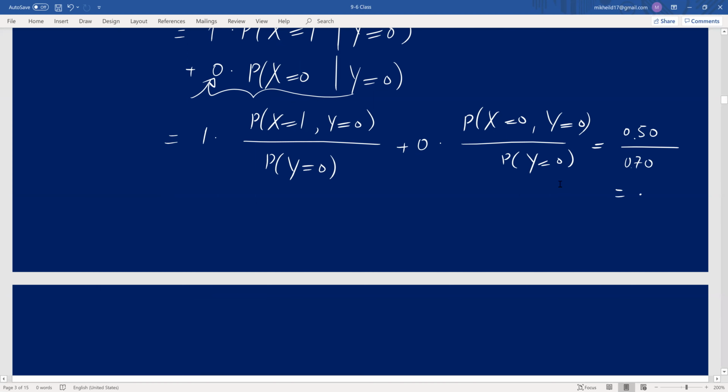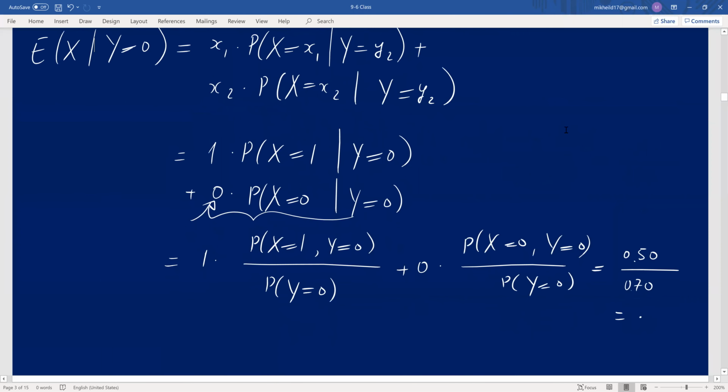So guys, as you clearly see, if I had different numbers for pass and fail for the possible outcomes, then you will have a different number here for the expected outcome of x when y equals 0.